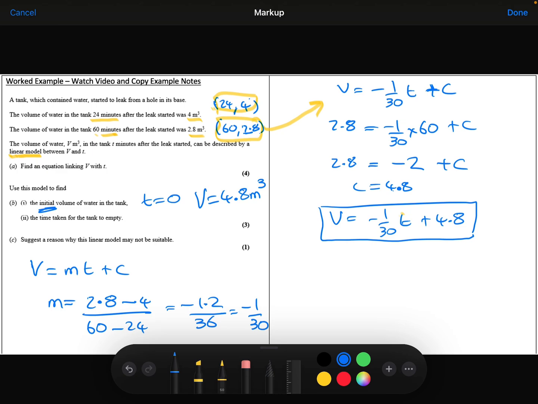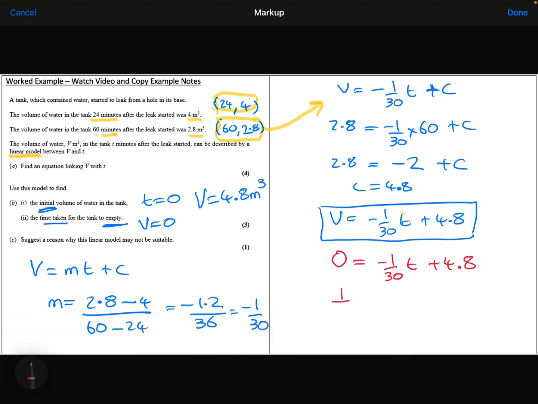Part B, we need to find the time taken for the tank to empty. For the tank to empty, that means that V equals 0. So if I make V 0 in my model here, and rearrange and solve this equation, times both sides by 30, so 4.8 times 30, I get 144 minutes.